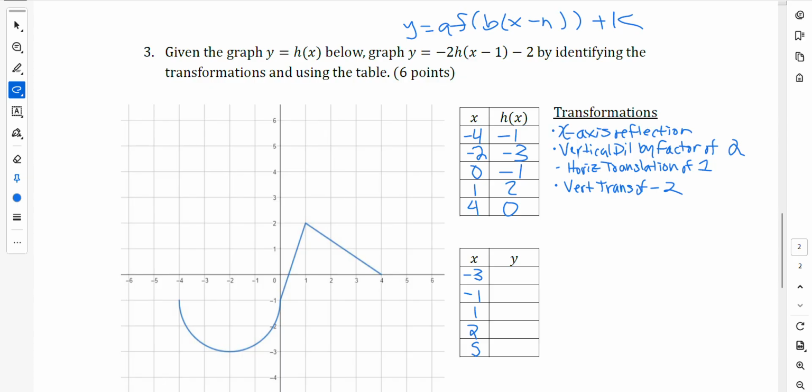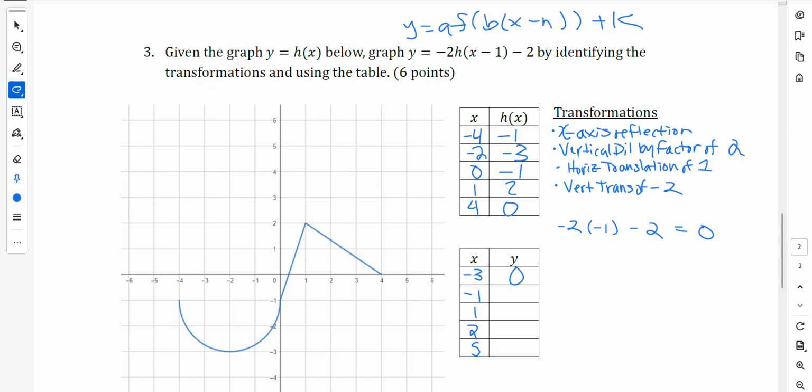Now, this is where, when we did the notes, we were writing down each of the different calculations. So here's how we're going to do that. I want you to see what's happening with these. We're doing -2 because of that vertical dilation and x-axis reflection. -2 times -1 minus 2. That -2 is then the vertical translation. We have a minute and a half. Here we go. -2 times -1 is 2. 2 minus 2 is 0.